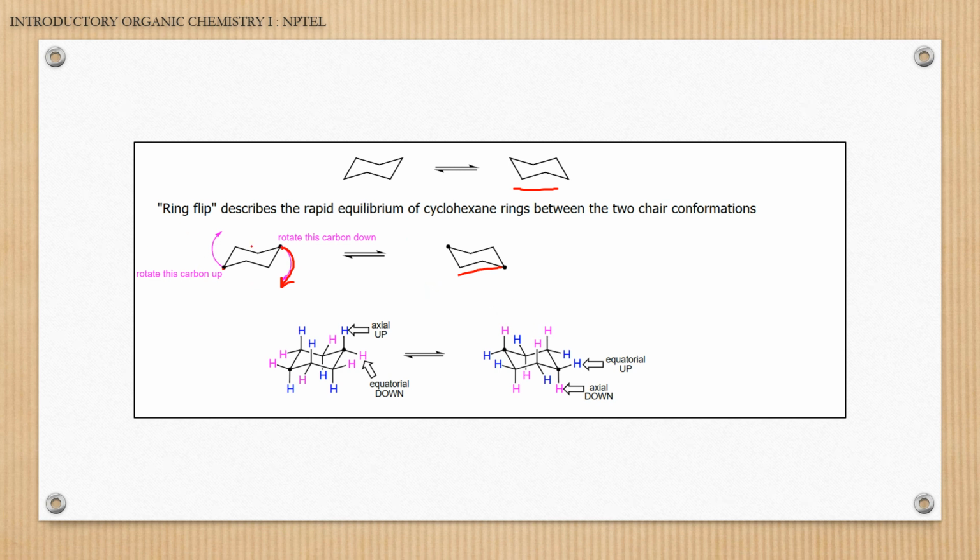So the substituent which is axial in this ring is now coming equatorial in the flipped conformation, right? This is the whole concept behind ring flipping. It is a rapid equilibrium occurring between the cyclohexane rings, because all of you know that cyclohexane rings have many more conformations than the chair conformation.